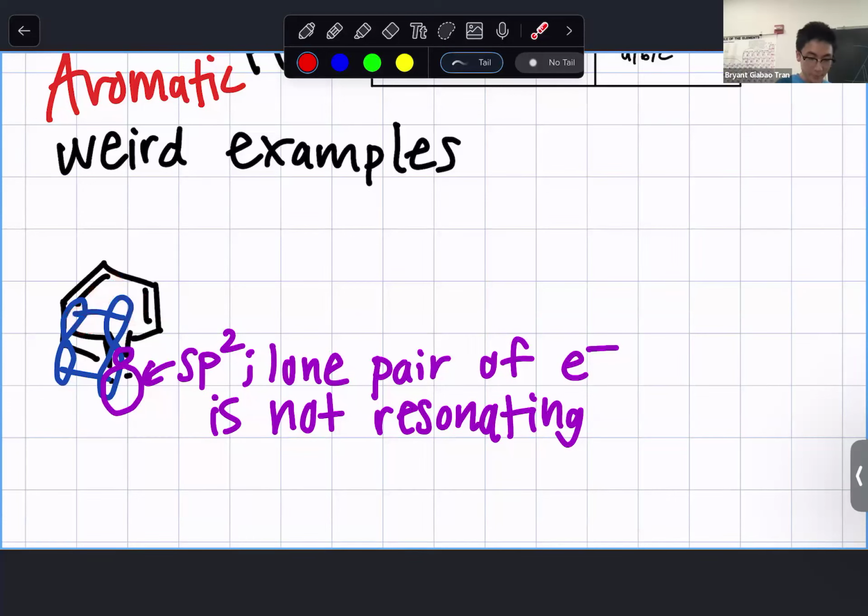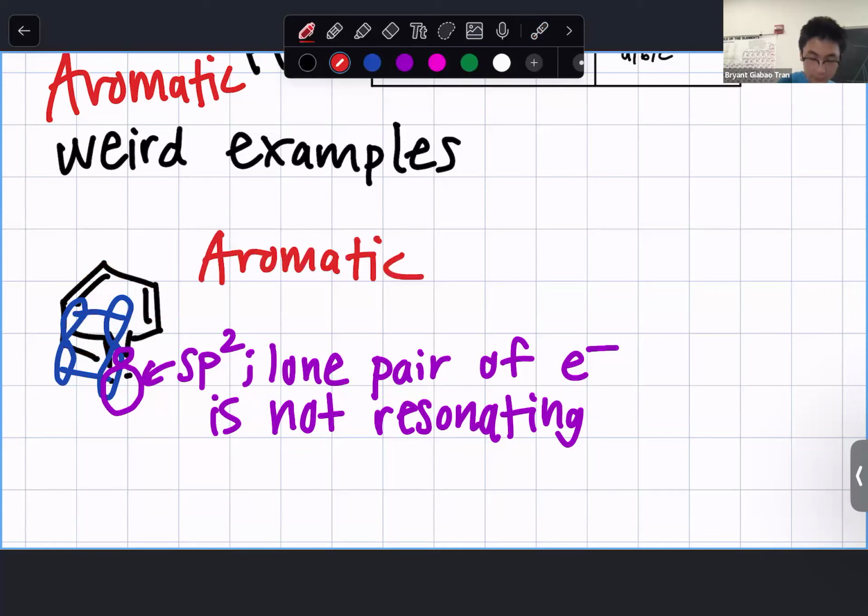It is not anti-aromatic, because some people might think this is 1, 2, 3, 4 pairs. They count the lone pair as well, but that doesn't count. The only things that count are the pairs of electrons in the ring itself, making it aromatic because that's an odd number of pairs.